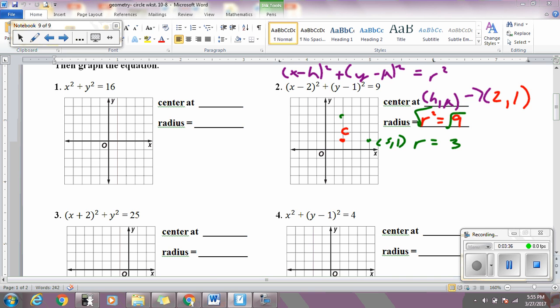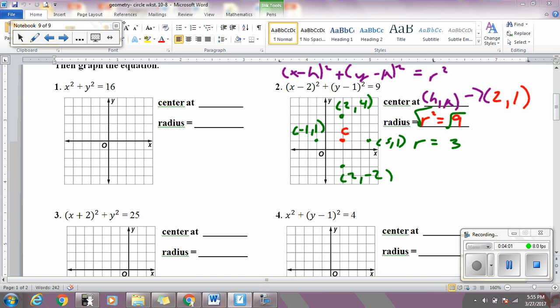I would end up right here at 2, 4. Go 3 to the left. I would end up right here at -1, 1. And go 3 downwards. I would end up right here at 2, -2.